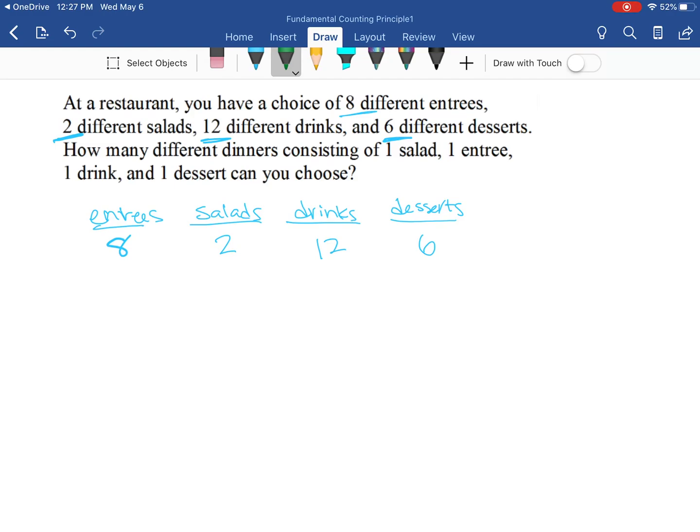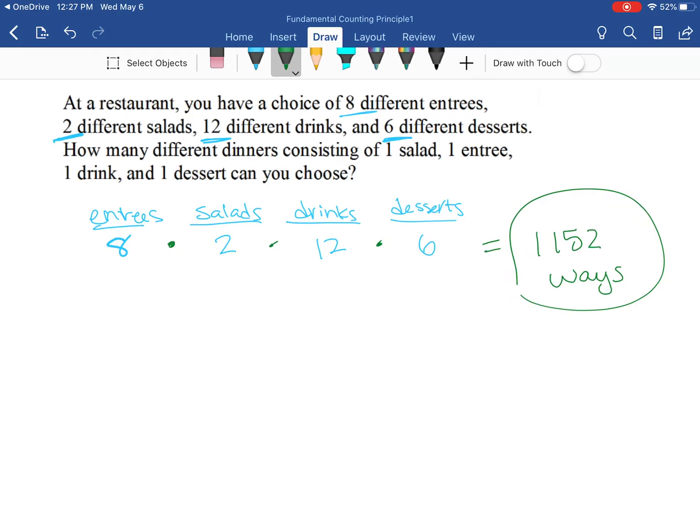Now, if we wanted to make a tree diagram, again, this would be pretty time consuming, and we'd need a lot of paper to make it happen. Luckily, we can just use our fundamental counting principle, which says if we multiply these numbers together, it's going to tell us how many different options there are. So 8 times 2 times 12 times 6 tells us that there are 1,152 different ways that we can order our dinner.